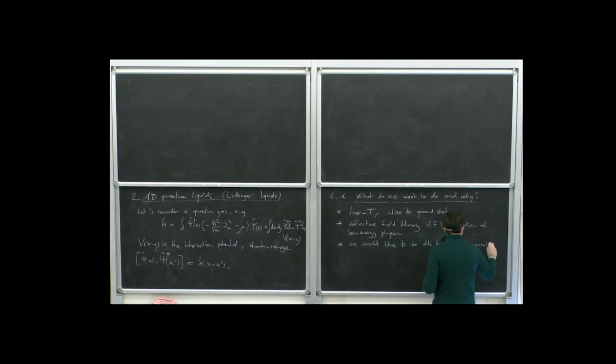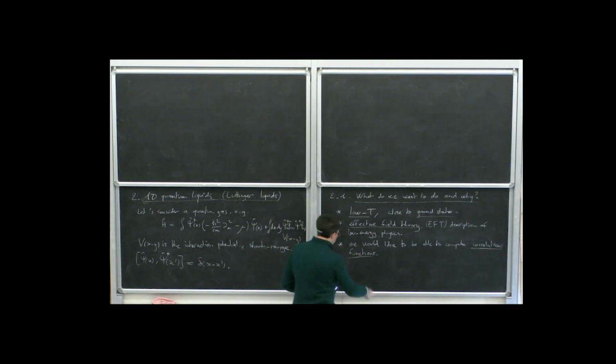Well, physical observables usually are related to correlation functions. It's not the only quantity that's interesting, but very often correlation functions are the object that you need. So the important words here are low T, ground state, effective field theory, and correlation functions.